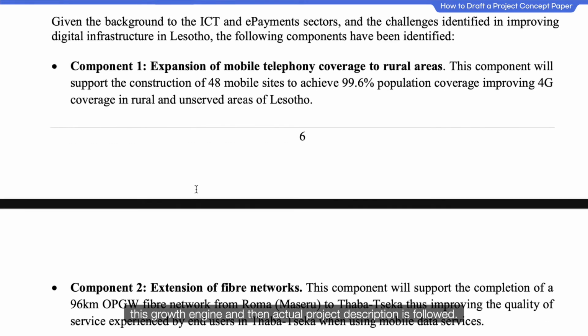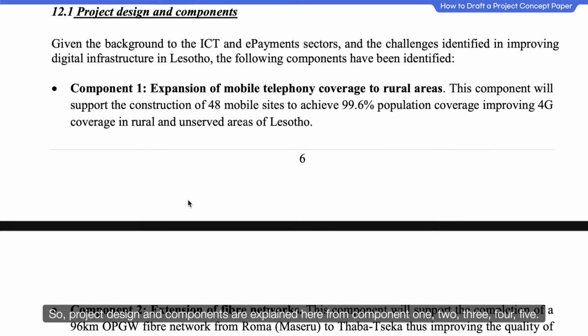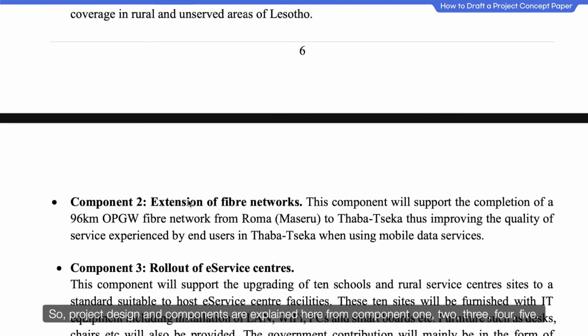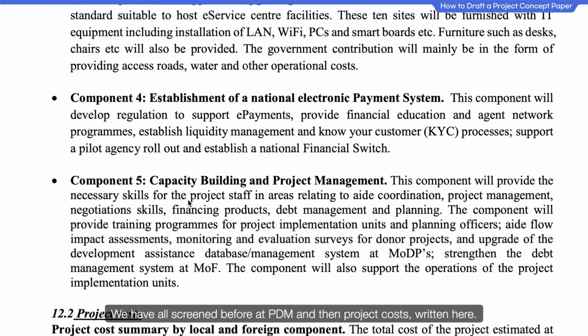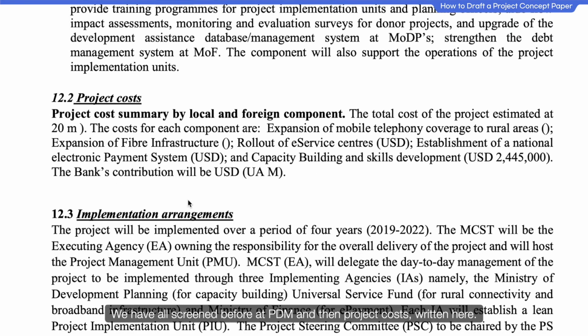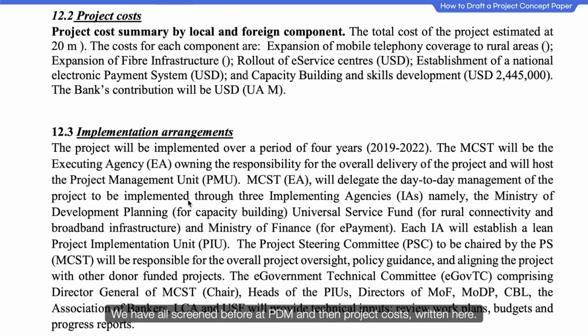And then the actual project description follows. So previously it was the project rationale, and this part is the project description. So project design and components are explained here, from component 1, 2, 3, 4, 5. We have all screened them before at the PDM. And then project costs are written here.